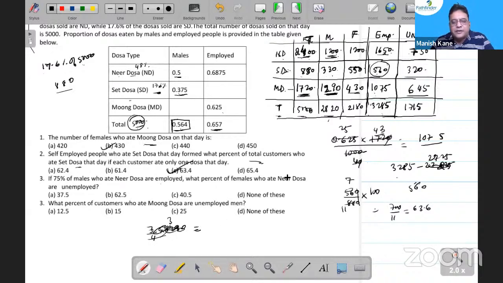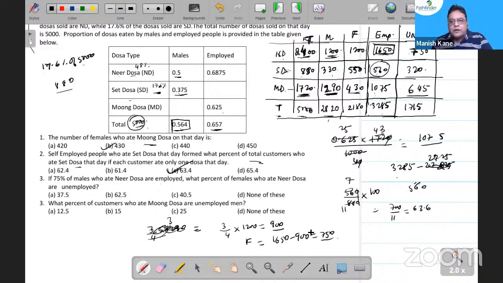So 75% of males who ate neer dosa will be 3/4 into 1200, which is basically 900. So 900 of employed people are males in this category. Correct? Out of the neer dosa eaters, 900 are males. So how many will be female neer dosa eaters who are employed? 1650 minus 900, that is 750.